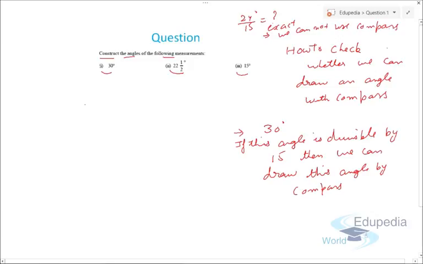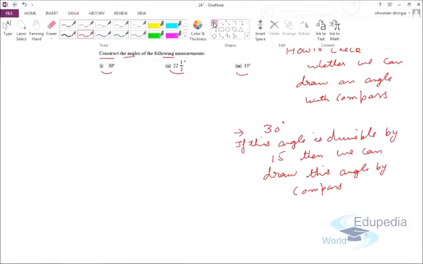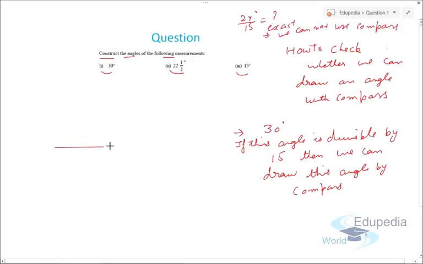Okay, now let's see how we can draw a 30 degree angle. Let's say first we have a line like this. From this line, we need to draw the basic angles first. The basic first angle is the 60 degree angle. So we need to open a compass of any arc, where this is a pointed end and this is a pencil.